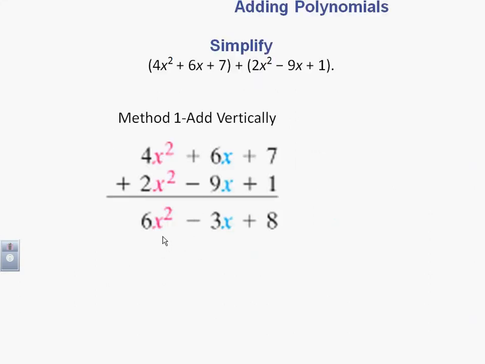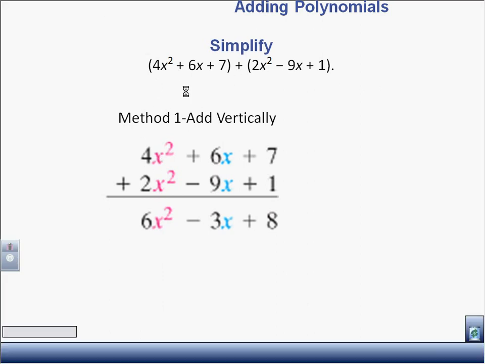Okay. So now we have adding polynomials, which can get a little bit confusing, but it's really not bad. There is one method that you can do, adding vertically. So like I said before, these things are called like terms. So you can combine like terms. The 4x squareds and the 2x squareds can go together.